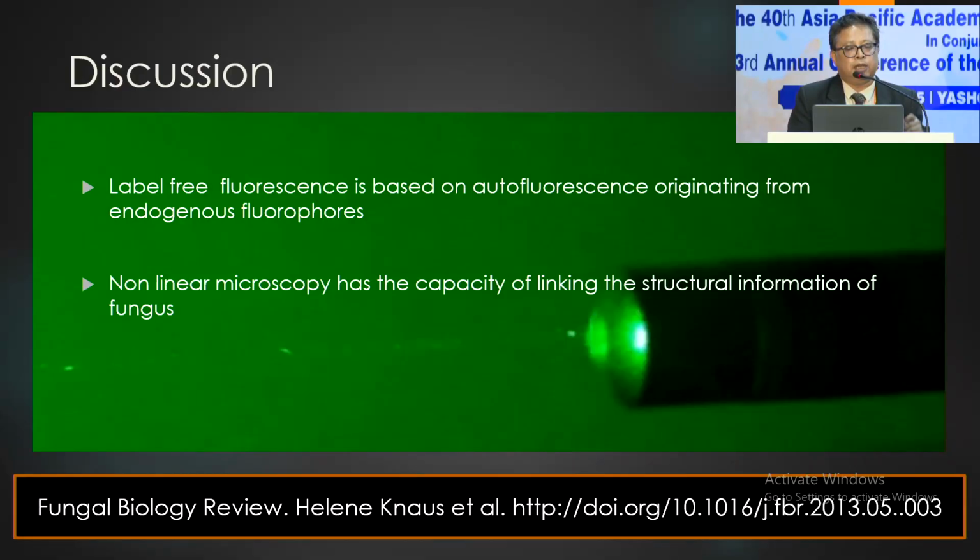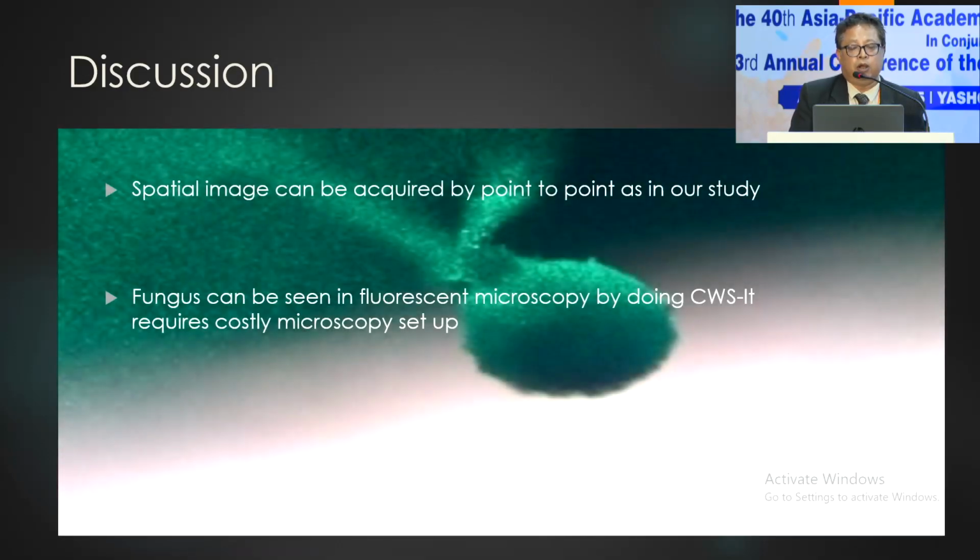To discuss it, label-free fluorescence is based on autofluorescence originating from endogenous fluorophores. And nonlinear microscopy has the capacity to link structural information of the fungus, particularly the chitin layer of the fungus. Spatial images can be acquired from point to point as in our study, and fungus can be seen in fluorescent microscopy by using a calcofluor white stain.